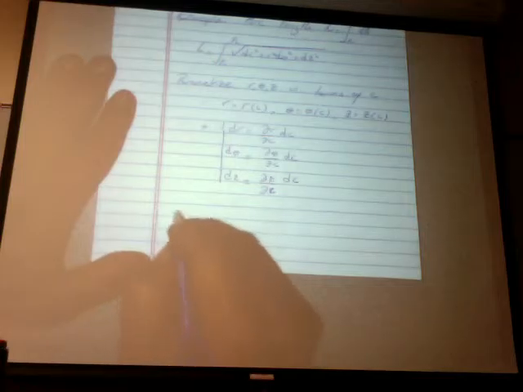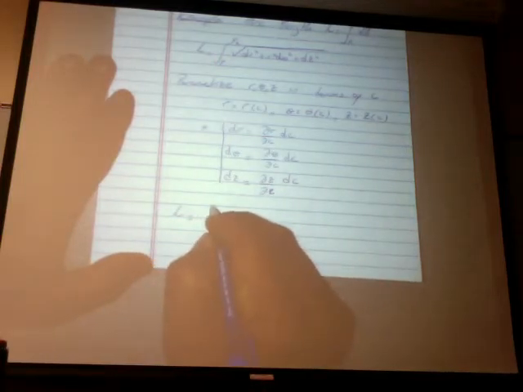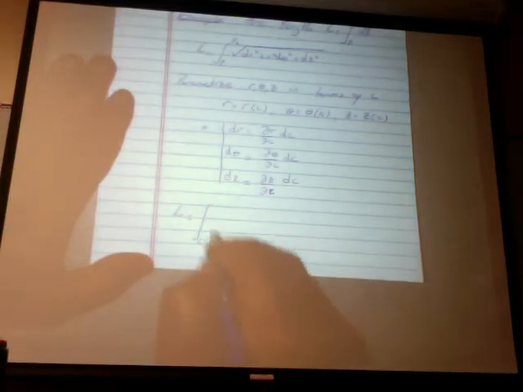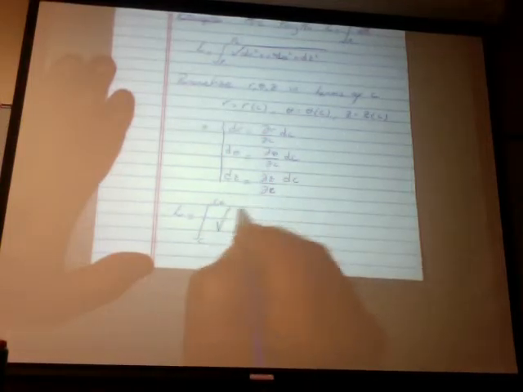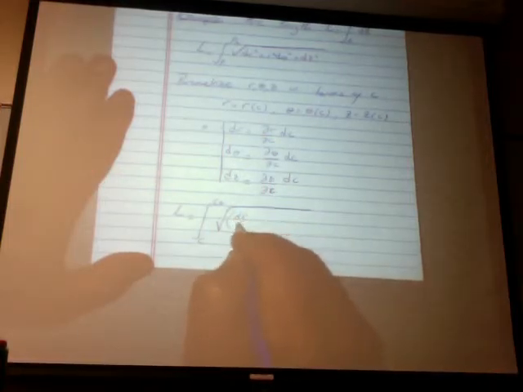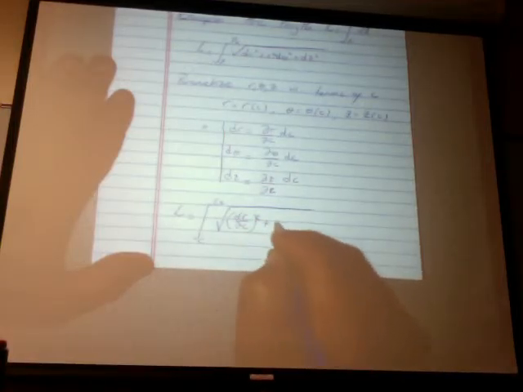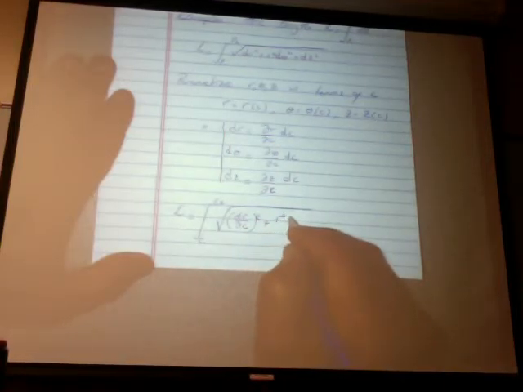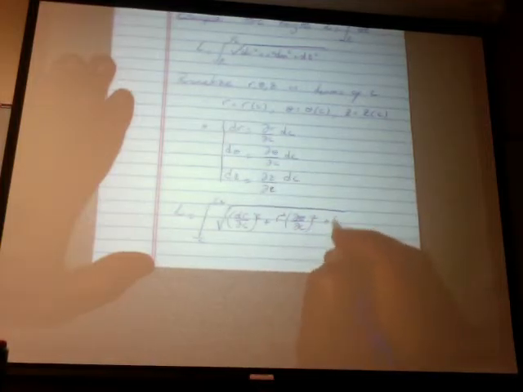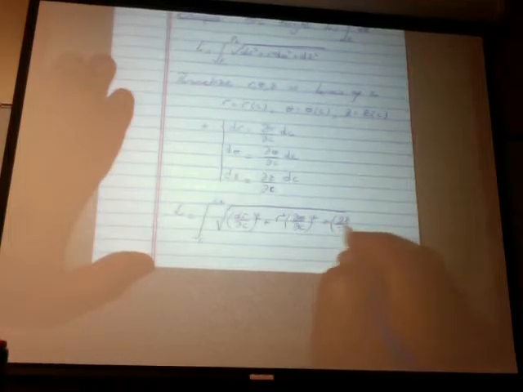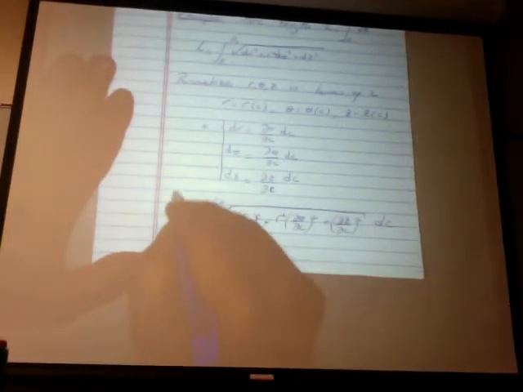So this integral for the total arc length is the integral from position 1 to position 2 of the square root of (dr/dc) squared plus r squared times (d theta/dc) squared plus (dz/dc) squared, times dc.